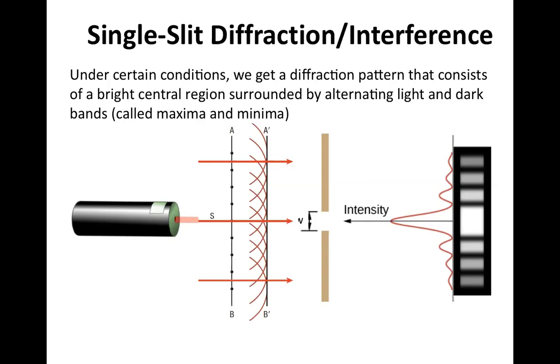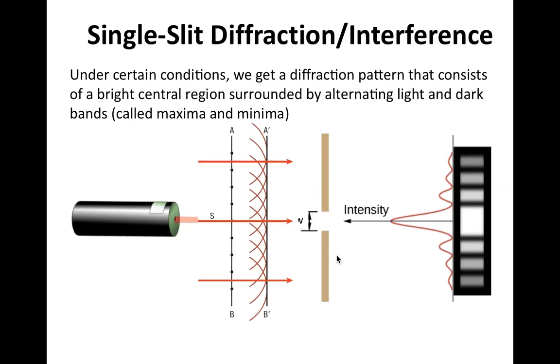So recall that Huygens principle says that each point along a wavefront acts as a point source for a new spherical wavelet. And some of those wavelets will be blocked by the barrier, and some of those wavelets will go through the hole.